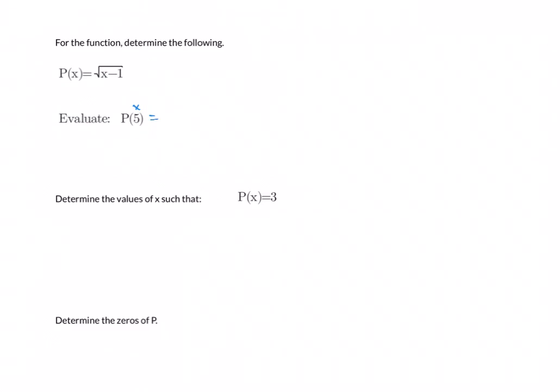So I want to replace x with 5 in my function. We get the square root of 5 minus 1. If we go ahead and simplify this, 5 minus 1 is 4. And the square root of 4 is 2. So p of 5 equals 2.